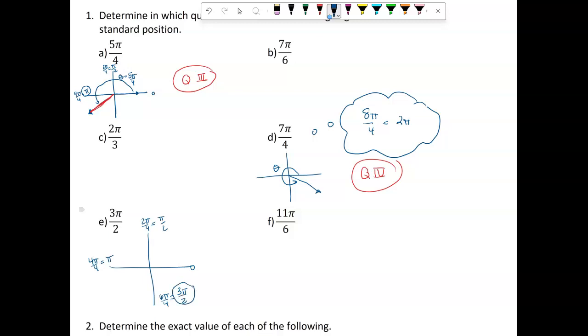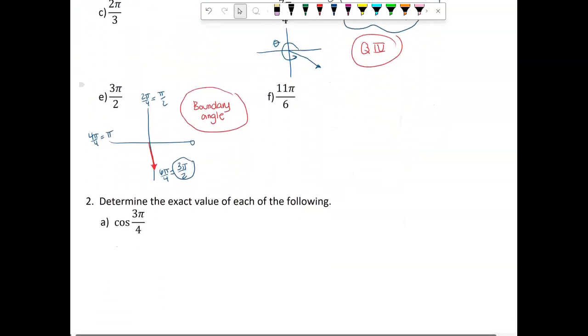So this means that the terminal arm is right down here. Then you might ask yourself, what quadrant are we in? We aren't in a quadrant. We're actually on the boundary of 2 quadrants. And so this is called a boundary angle, where it is simply on the y-axis and not in any of the quadrants. Okay? So let's move on to a different set of questions.